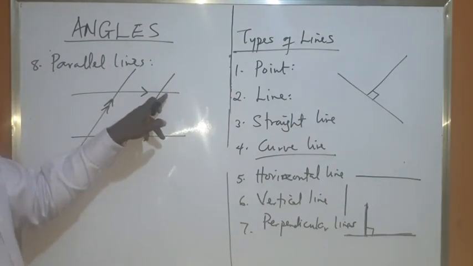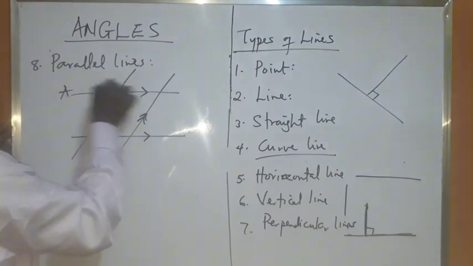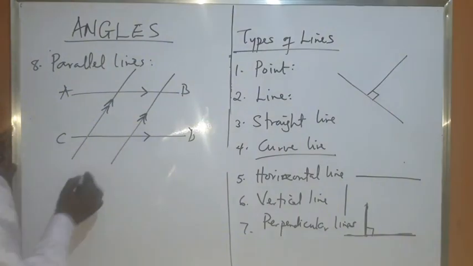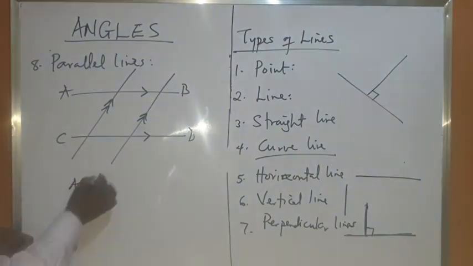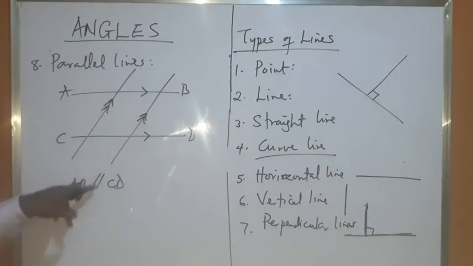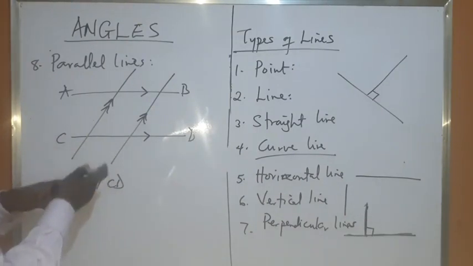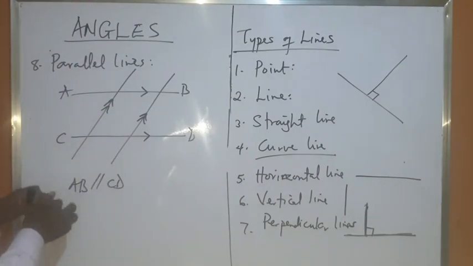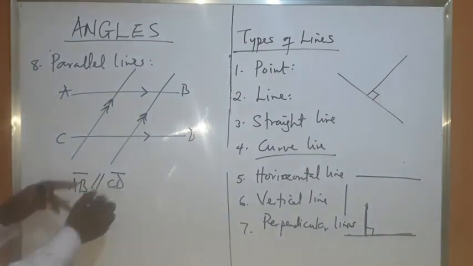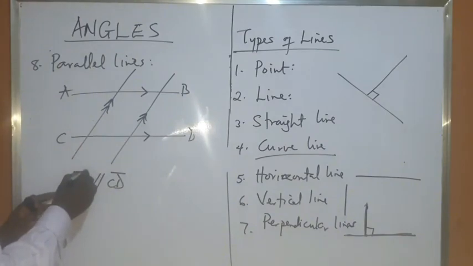If this is AB and this one is CD, we will say that AB is parallel to what? To CD. Line AB is parallel to line CD.